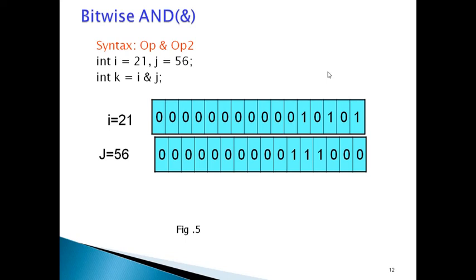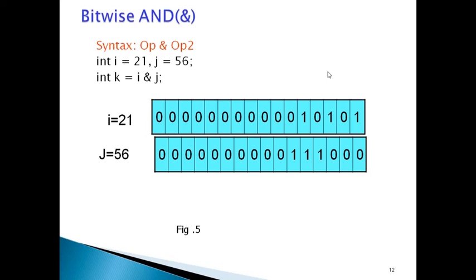If you perform the bitwise AND operation, it performs the AND operation at bit level. Here, two numbers are converted into binary format, and after converting, it performs the AND operation at bit level.